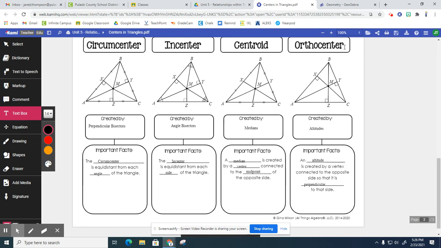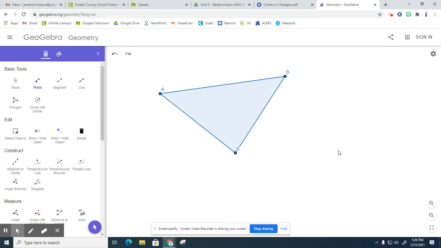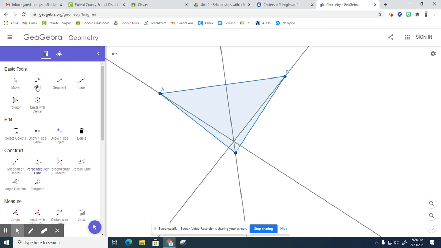Let's go look at that. To make my orthocenter, I'm going to click on this perpendicular line option, and I want it to go through this point and this side. Down here is where it meets, and that angle right there will be 90. I do the same with this vertex and this side, and then this vertex and this side.